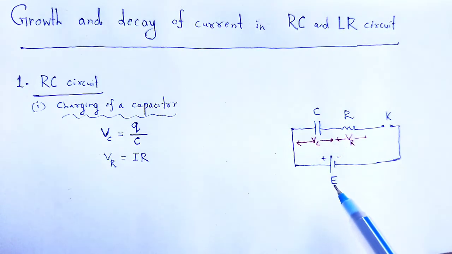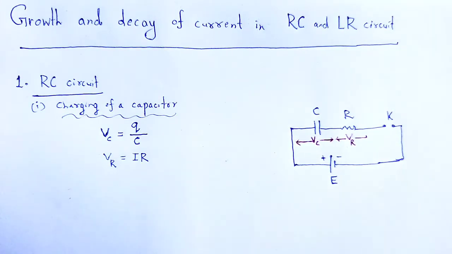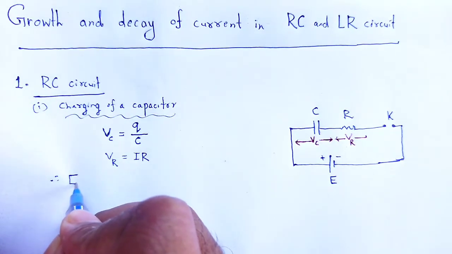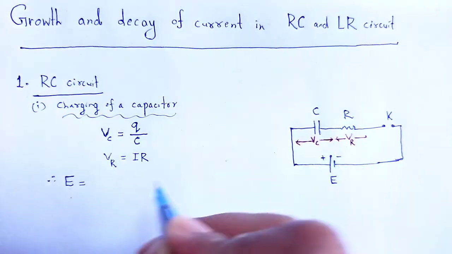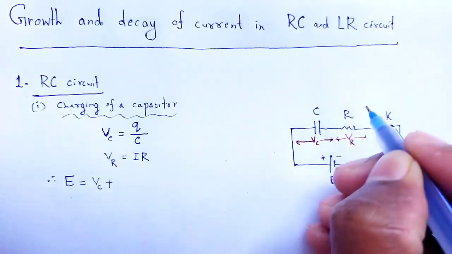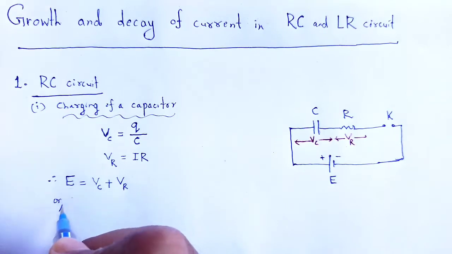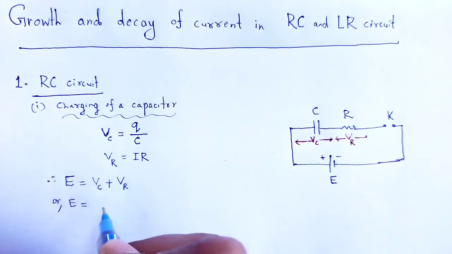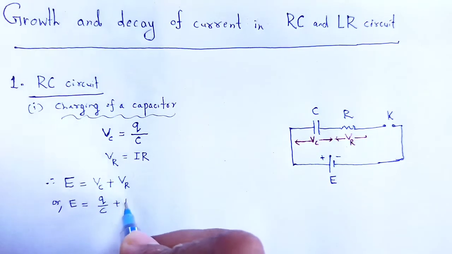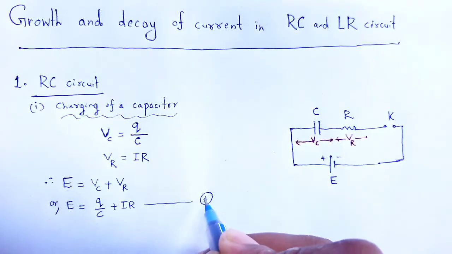Now, the EMF E of the source is equal to the potential drop across capacitor V of C plus potential drop across resistor V of R, or E is equal to Q by C plus IR, that is equation number 1.